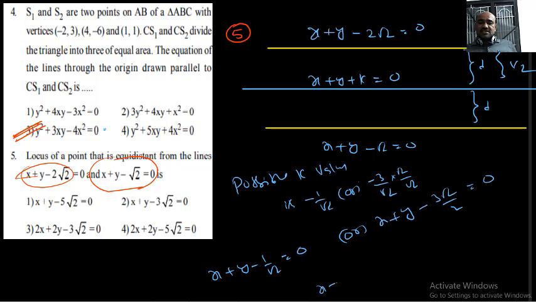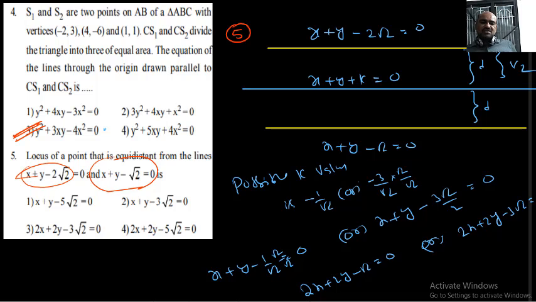Here also I can rationalize, so we will get root 2 multiplied by root 2 divided by 2, x plus 2y minus root 2 equal to 0, or 2x plus 2y minus 3 root 2 equal to 0.